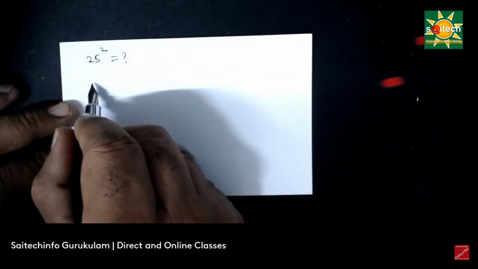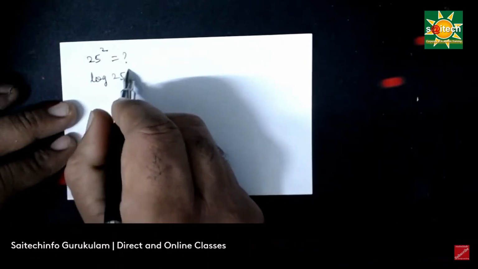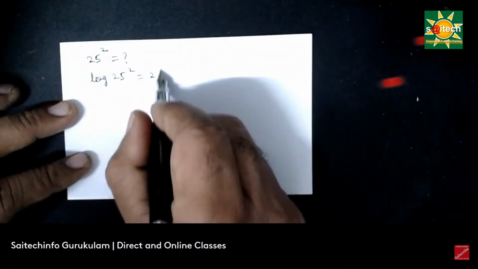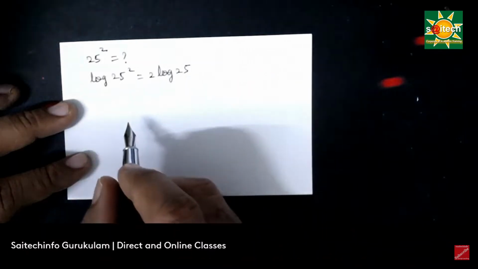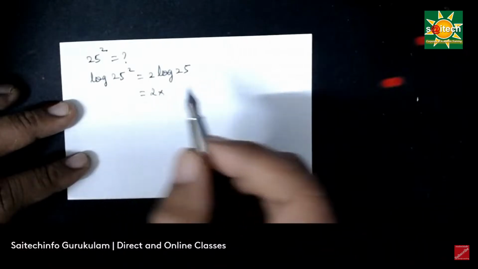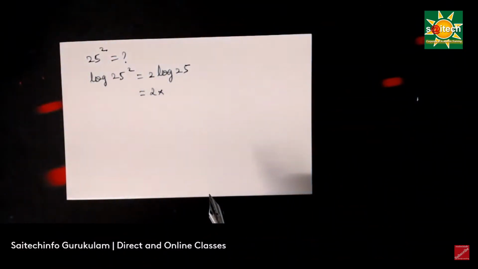So take log of 25 squared. Apply the power rule. So 2 into log of 25. Now find out the logarithmic value of log 25.